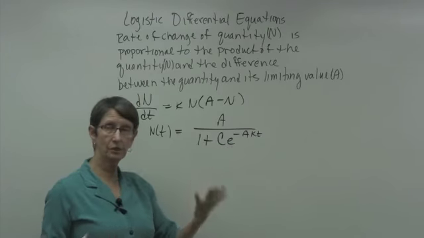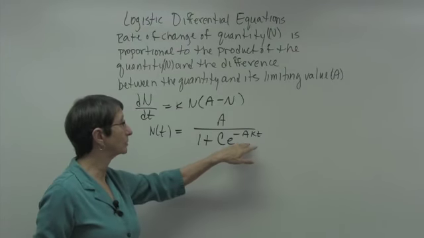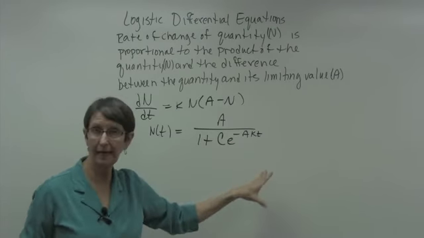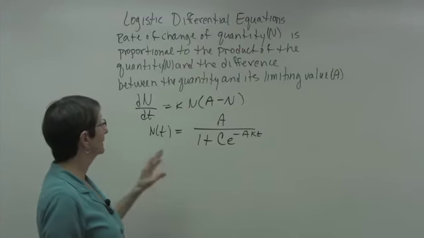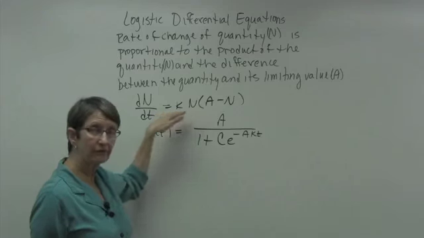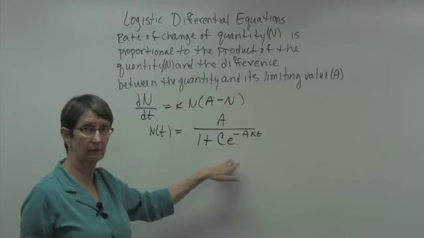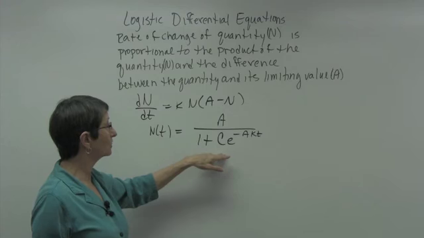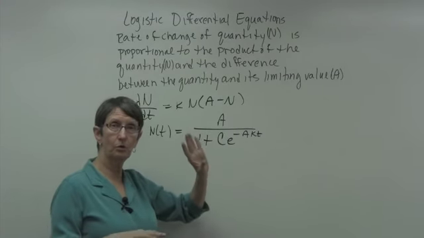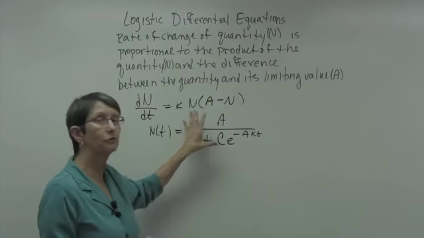So the a is actually in two different places. You may have been familiar with it as the e to the negative rt, and I'll show you how we can get to that after we do one of the examples. So if this is what you have for your differential equation, this is the result of it. It's a single result. And we're going to do two problems that show two versions of this.